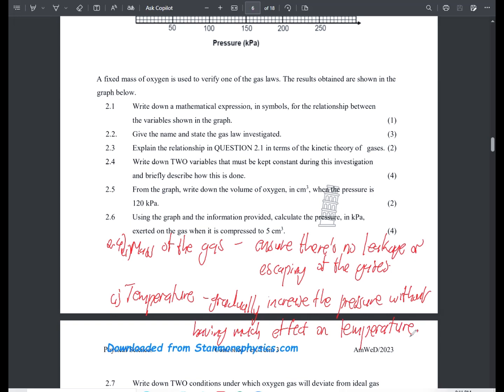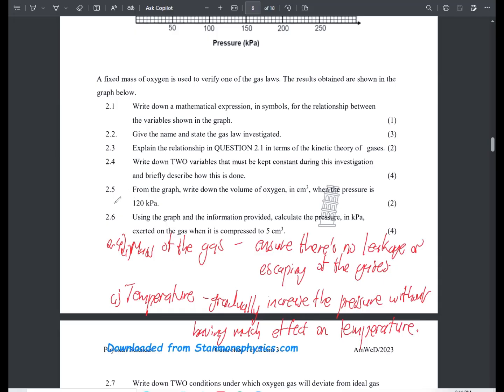Right, so you can keep the temperature constant by just gradually increasing the pressure. So don't increase it too much, just gradually increase it slowly, and then that will not have much impact on the temperature. Right, so that's all you were supposed to say there.